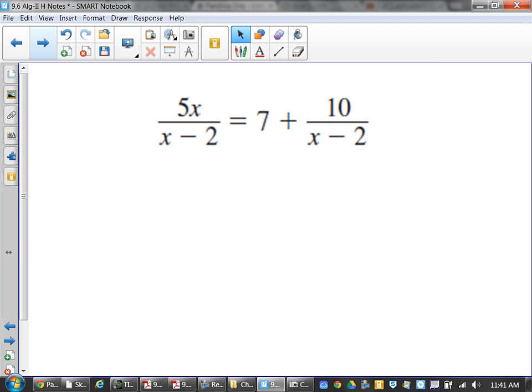Another one, x minus 2. So everybody's already mumbling this around, I believe, that your common denominator is going to be what? X minus 2. So what do you have to multiply everything by? X minus 2. Except for 5x and 10.